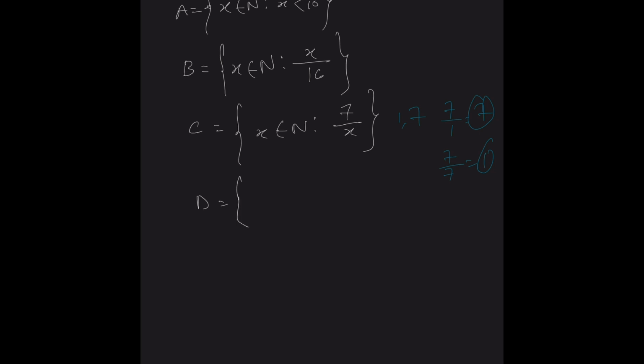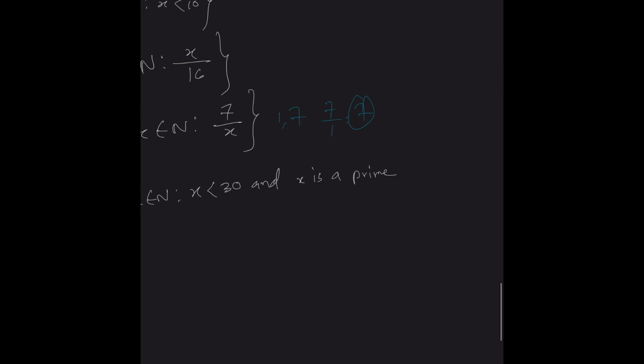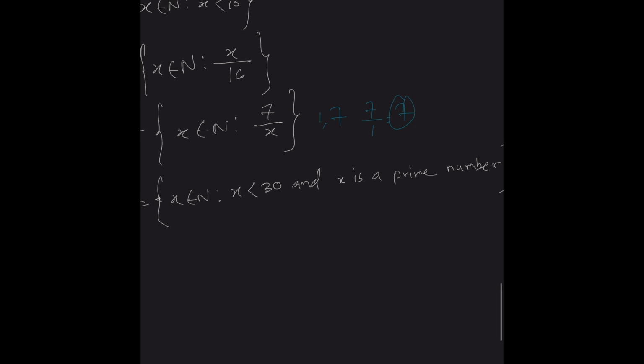Then we can write this as, again, the natural number, but x is less than 30, and x is a prime number. So this is how we can represent a prime number, which is a natural number, with a condition that it's less than 30. And you can use any other conditions. It can be greater than this, greater than or equal to, any other way you can define it.